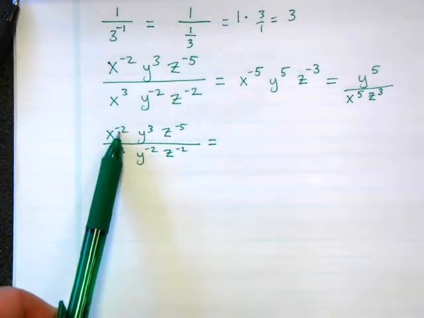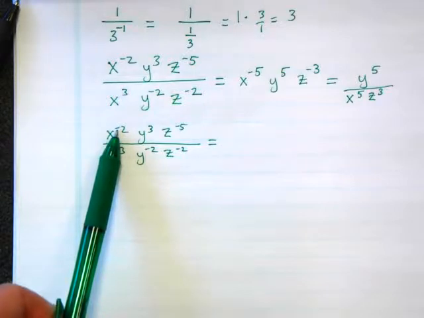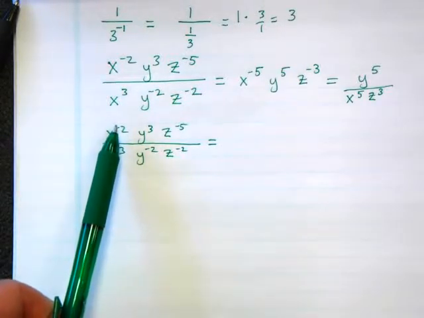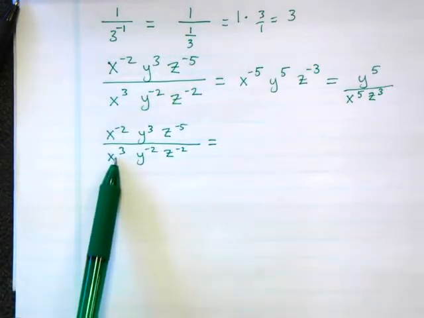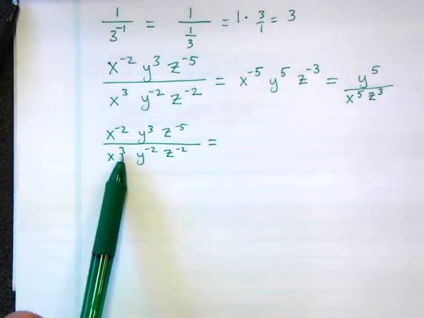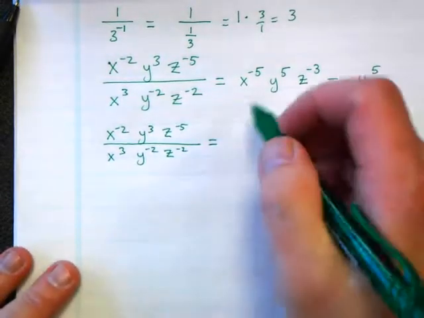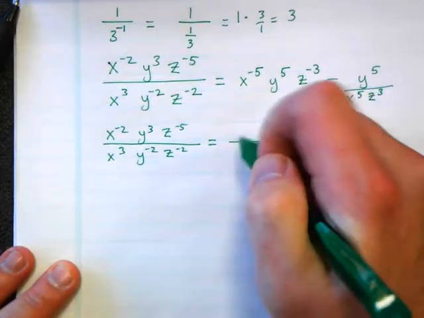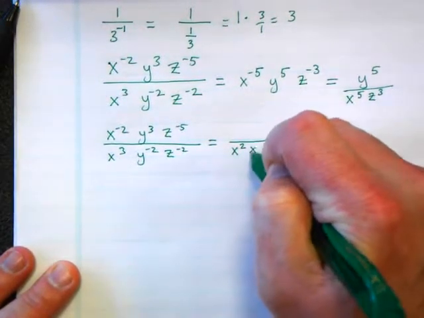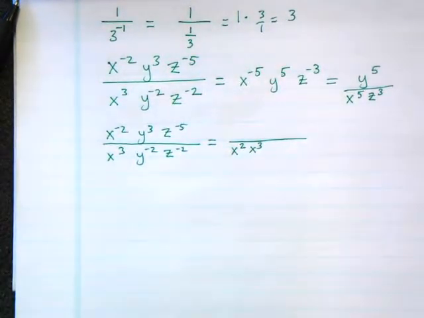What does that negative power tell me to do to that x? Move it to the bottom. On the other hand, this x cubed has a positive power. It doesn't move at all. So negative powers move, positive powers don't. So I'm going to move the x squared down, and I'm going to leave the x cubed right where it is, because it already had a positive power.